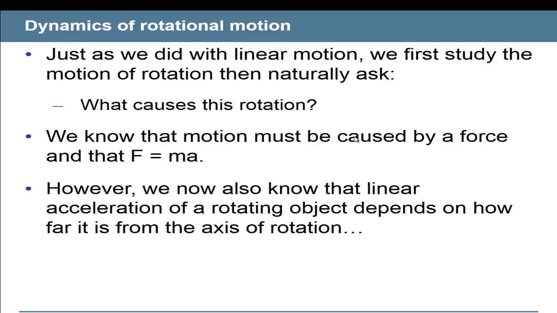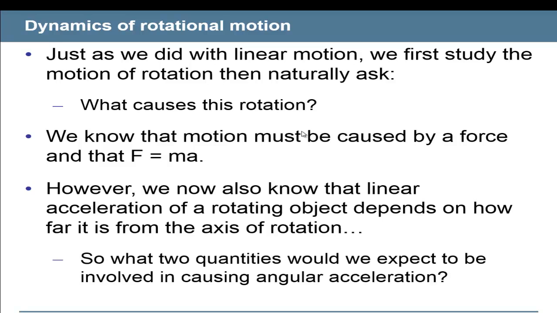So what two quantities might we expect to be involved in causing some angular acceleration? Knowing that we have F equals ma, and that this linear acceleration depends on the distance from the axis of rotation and, hopefully you say, the angular acceleration of the object.